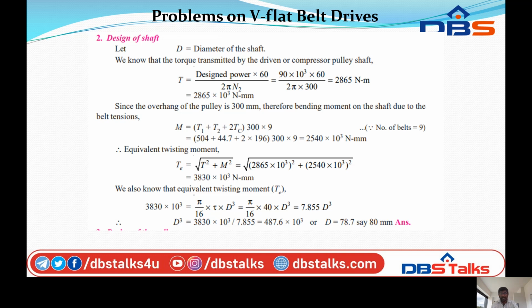So d cube will be calculated. d cube is not given, so you can find the d cube value, that is equal to 7.855 d cube. So d cube is equal to 3830 into 10 cube by 7.855, that is equal to 487.6 into 10 cube, or d is equal to 78.7. So this will be rounded to 80. So d is equal to 80 mm. So this is the design of the shaft.